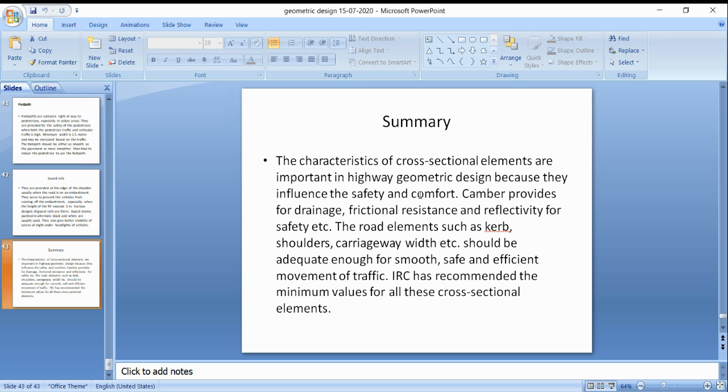We have seen how the width of 3.75 meters is calculated. It is based on the width of the vehicle, 2.44 meters, and then 0.65 and 0.65 for the clearance. So the single lane width depends upon the width of the vehicle, and some side clearance should be there. Why do we provide the side clearance?